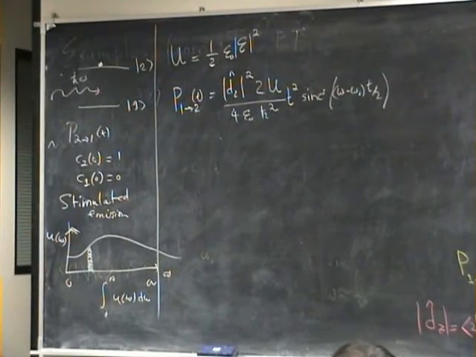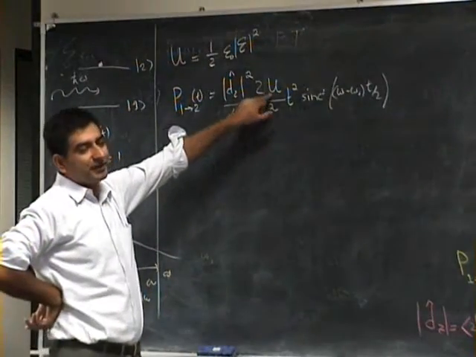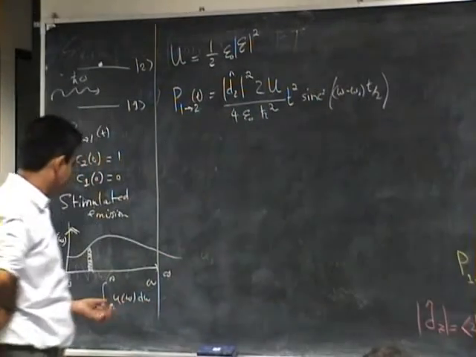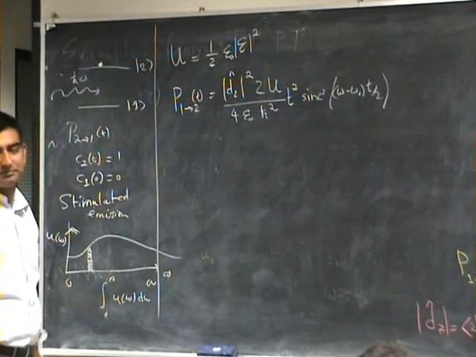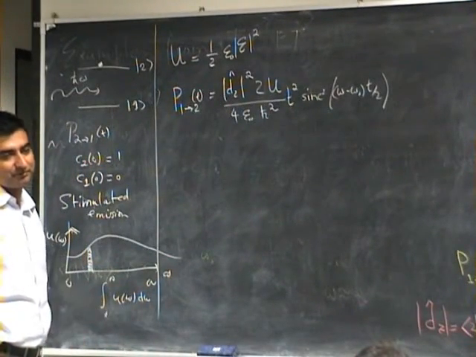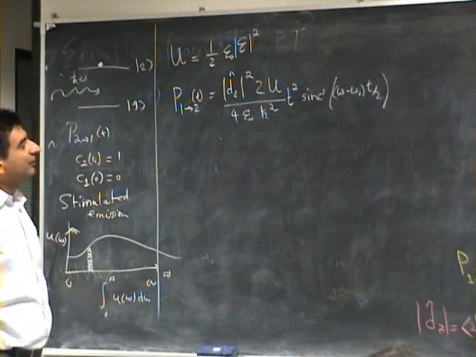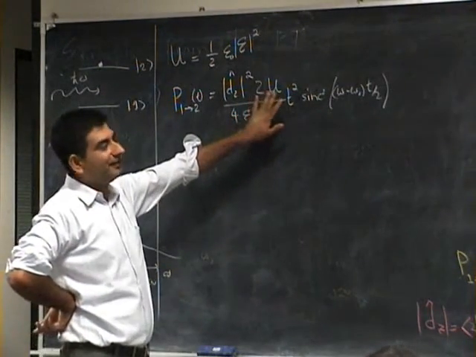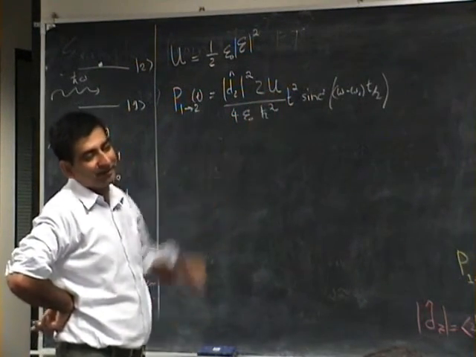Okay. Now I can replace this total energy per unit volume by u omega d omega and integrate over all of space. Now this is still assuming monochromatic light.